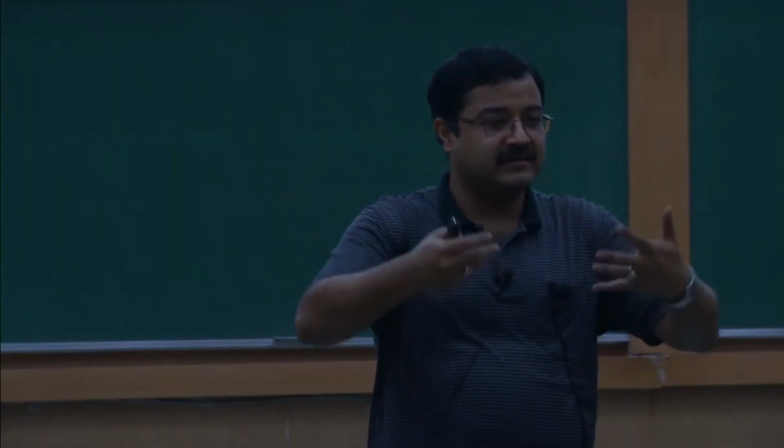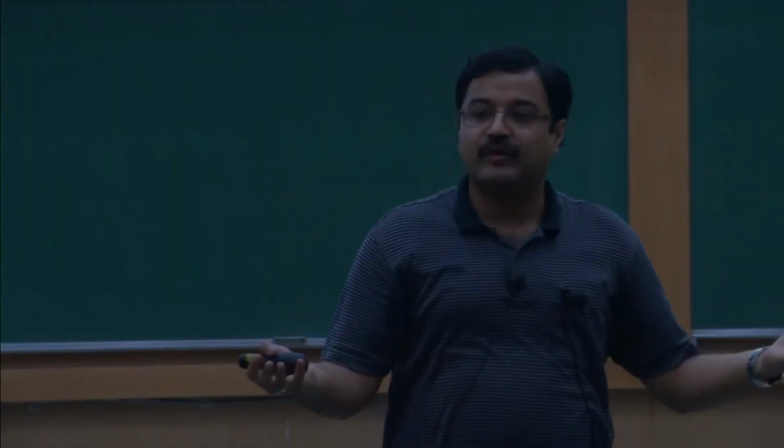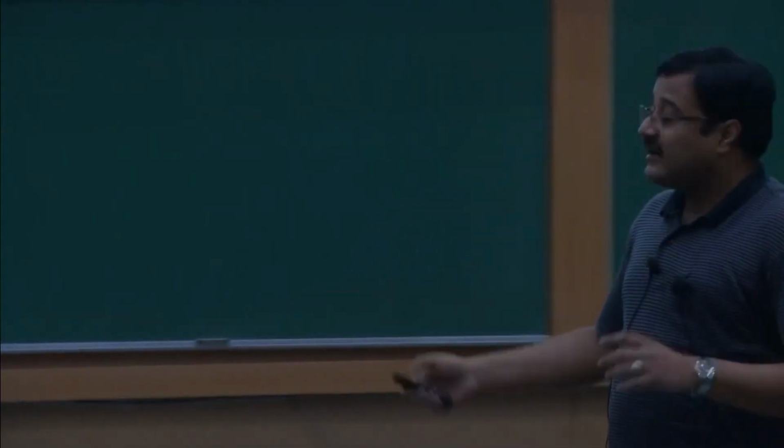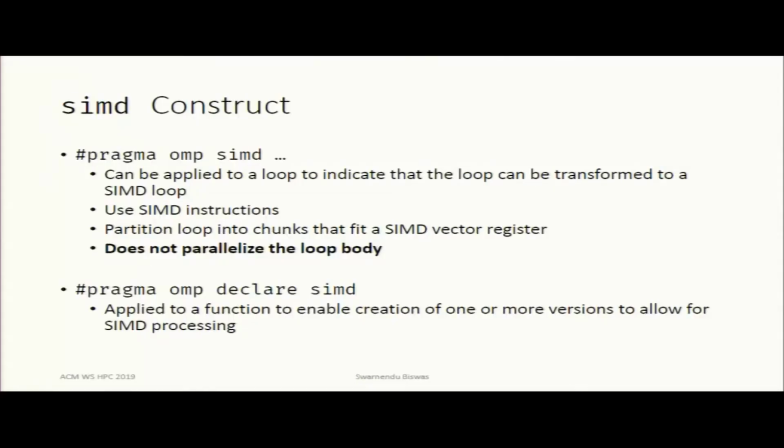That is a hint to go ahead and vectorize this for loop. Note that this does not parallelize the loop body. I am not saying #pragma omp parallel for or anything. I am just saying #pragma omp simd, which means you are free to vectorize this for loop that I have.